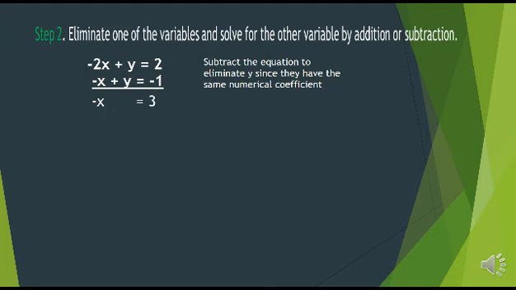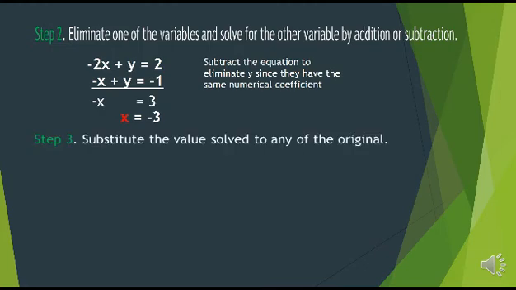Always remember, when you multiply negative by negative, it will become positive, and when you multiply negative by positive, it will become negative. So we have negative x equals 3. So the value of x is equal to negative 3.